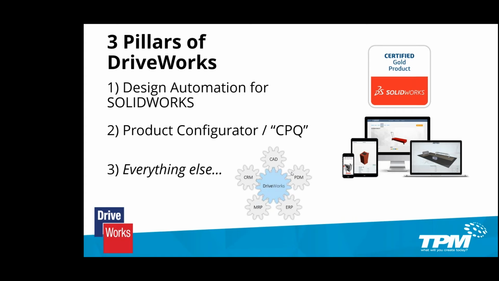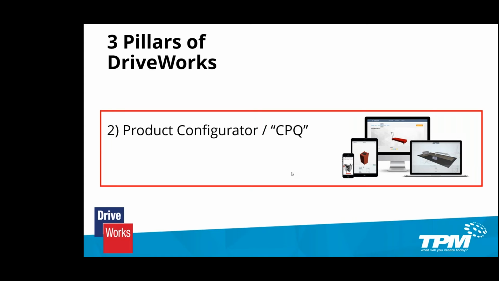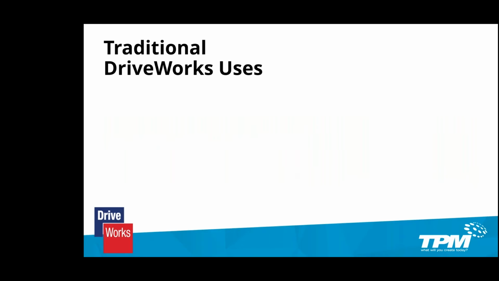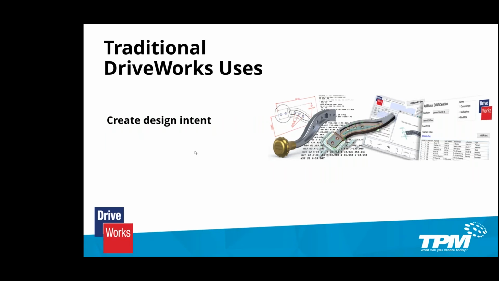Just understand that today we are going to focus on CPQ, but this is all happening in the context of a much greater capability set. Blasting through real quick to understand all that, in the CAD automation space, the first task is creating design intent.